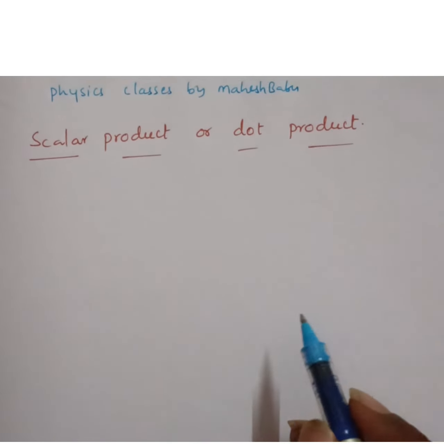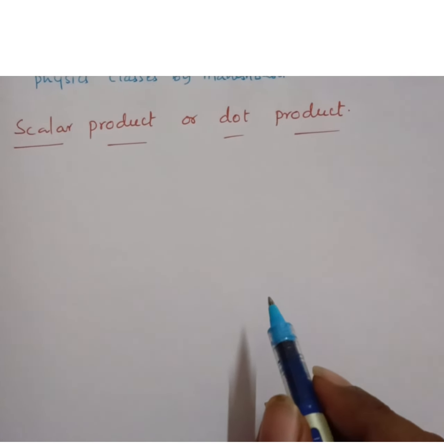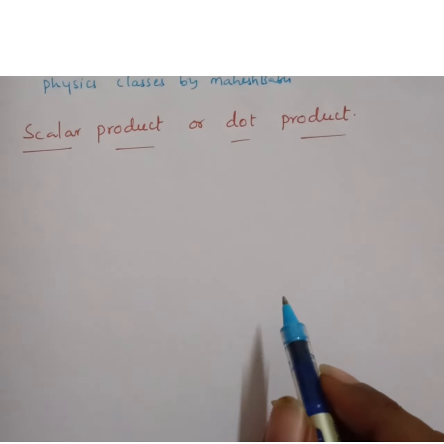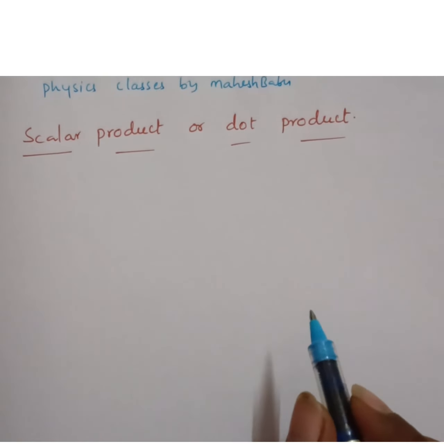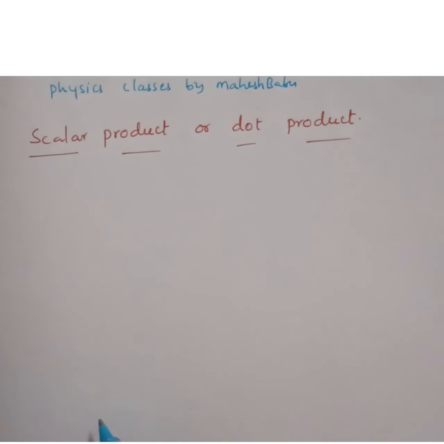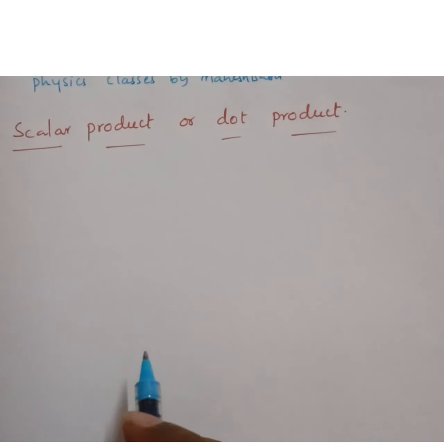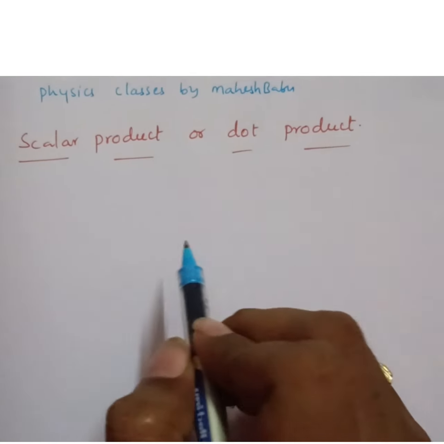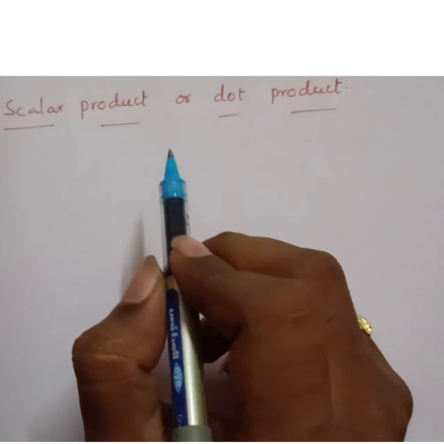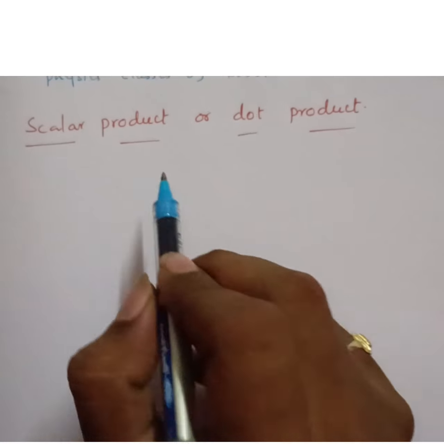If two vectors are multiplied, and their product is a scalar, that product is known as scalar product or dot product.